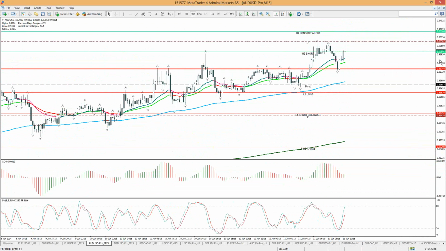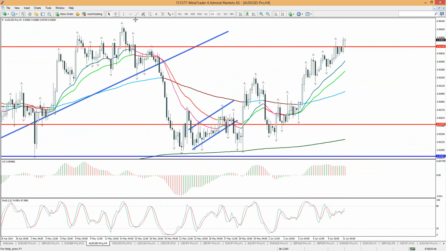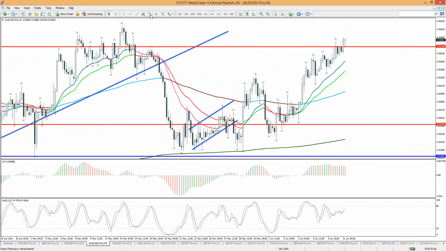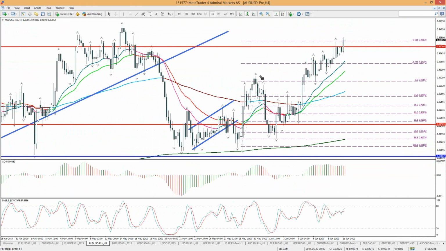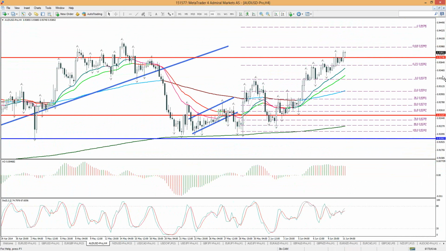Target 94.50. 94 is probably going to be a target as well, and if we continue, 94.40.